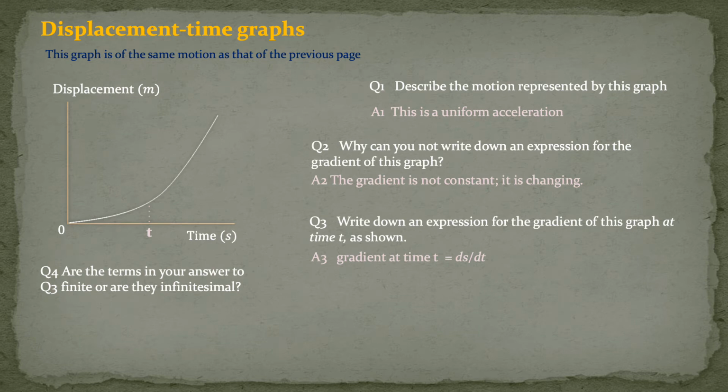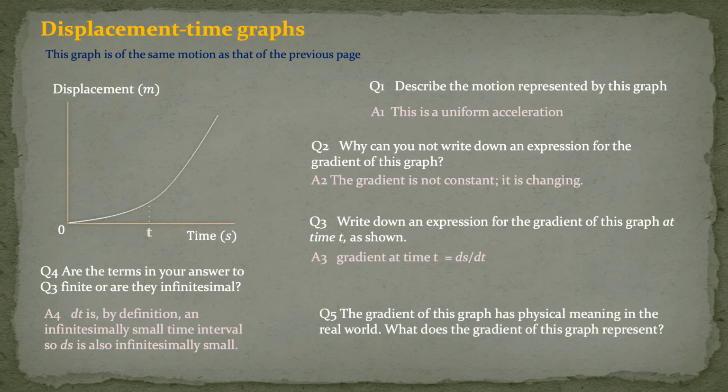Are the terms in your answer to question 3 finite, or are they infinitesimal, that is, vanishingly small? Well, dt is by definition an infinitesimally small time interval, and so ds is also infinitesimally small. Finally, question 5.